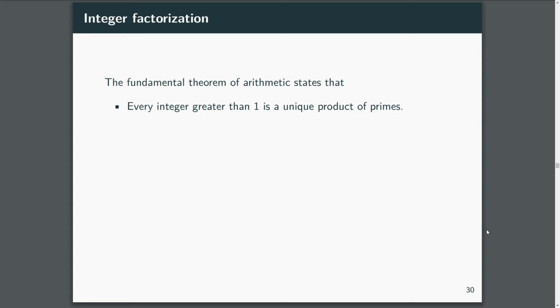Now, the fundamental theorem of arithmetic states that every integer greater than 1 is a unique product of primes. So we can write n as p1 to the power of e1 times p2 to the power of e2, and so on.